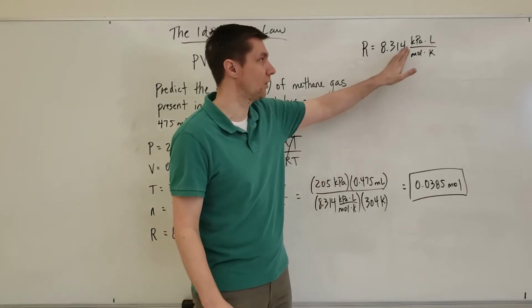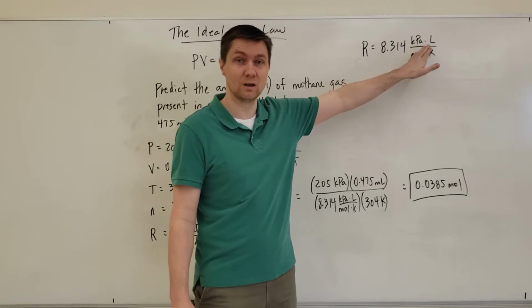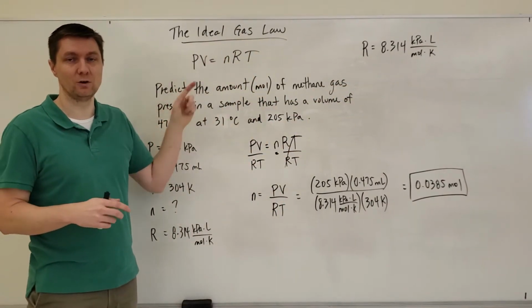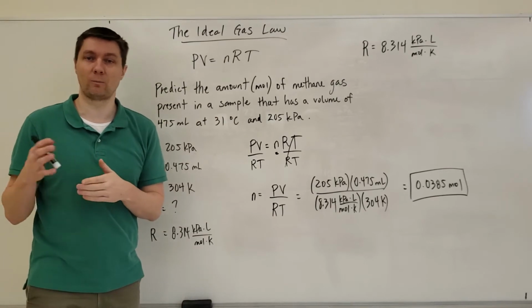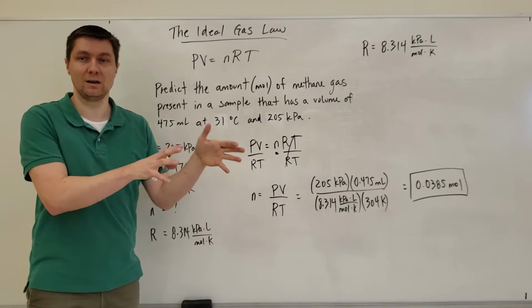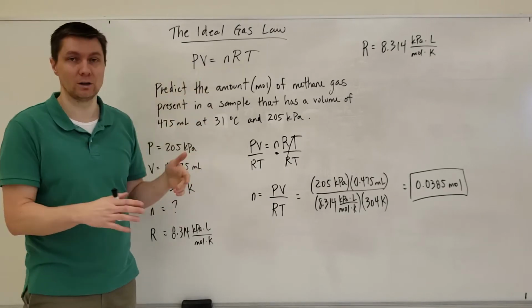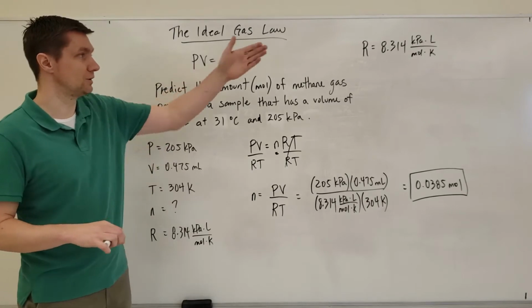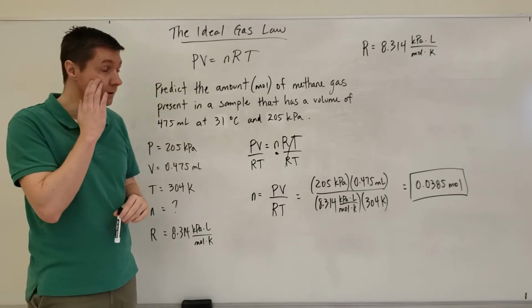Because R has units of kilopascals, our pressure must be in kilopascals. So if you're given a problem where the pressure is in atmospheres, you can't just plug that number in atmospheres into this formula and expect to get the right answer, because the units are not consistent.